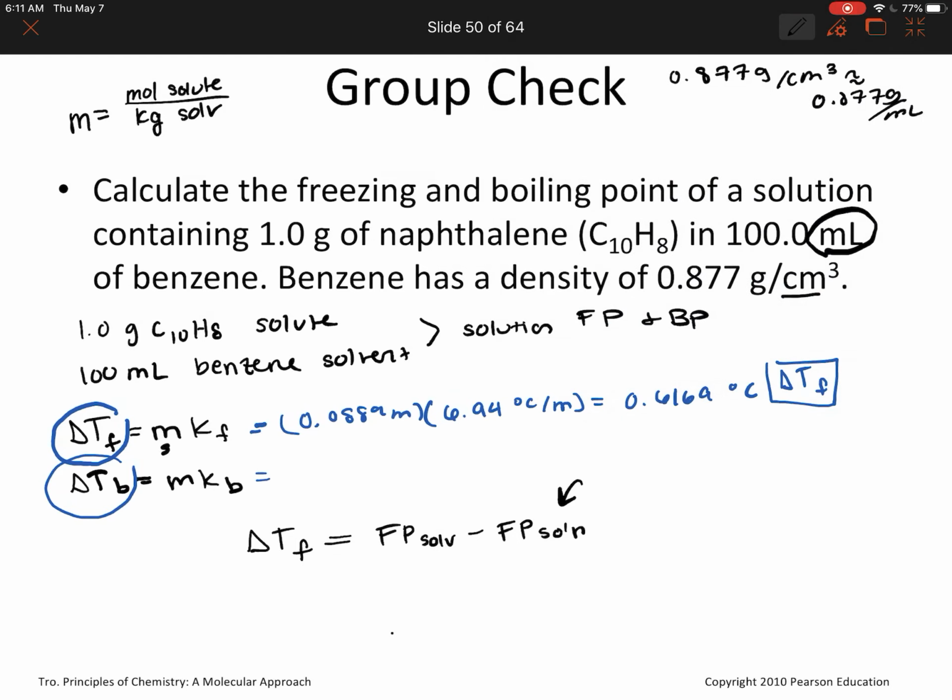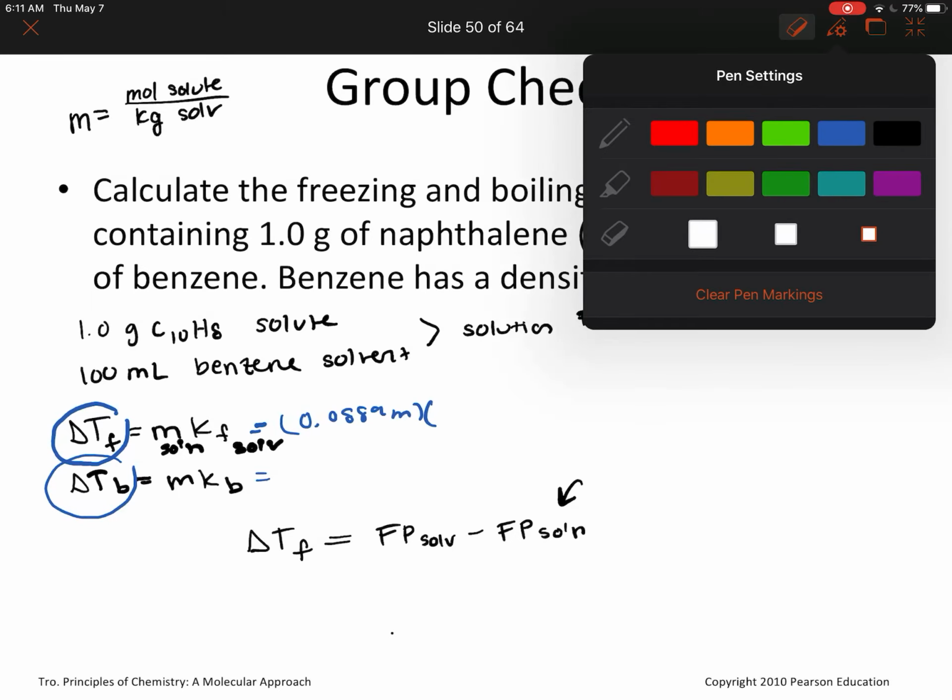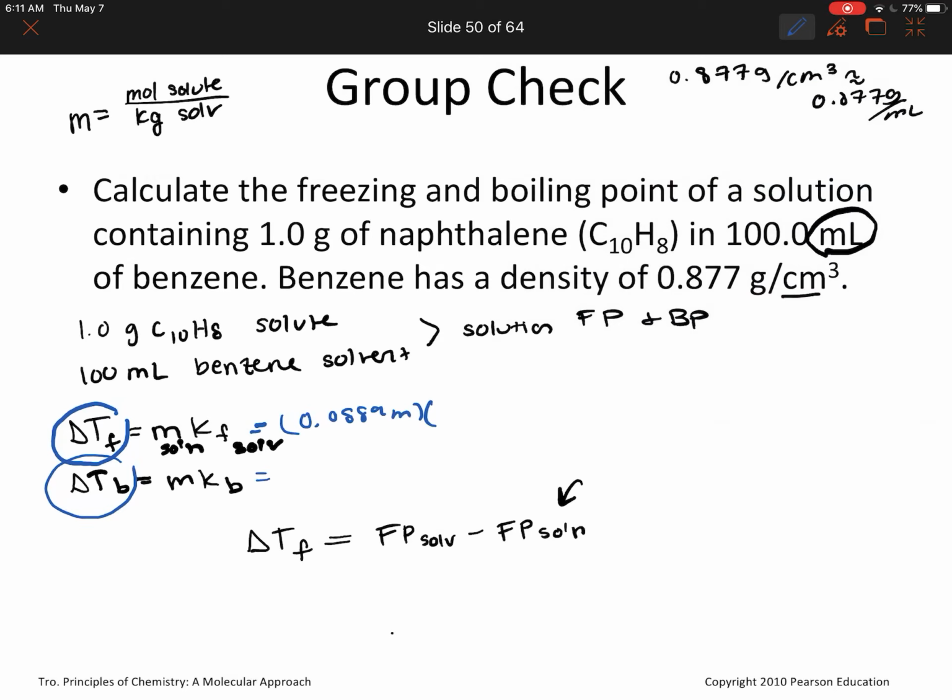So I didn't need to actually use the KF of naphthalene. Now remember, you're using the molality of the solution and the constant of the solvent, and I used the constant of the solute. So there's a little error there. Glad I caught that. Here's where everything gets tricky because you constantly have to remember all of your constants.